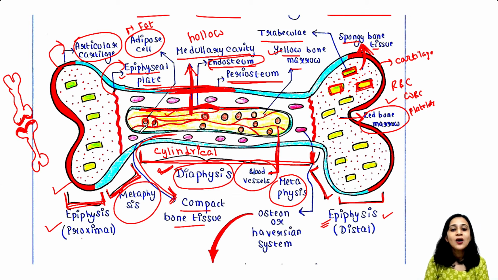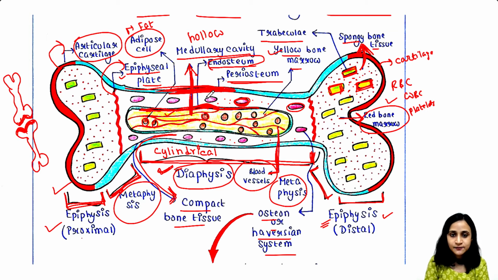It is called compact bone tissue because all cells and all materials present in this area are very much compacted. You will not get any space between them. So this part is compact bone tissue, and here you will get something that is called osteon or Haversian system.